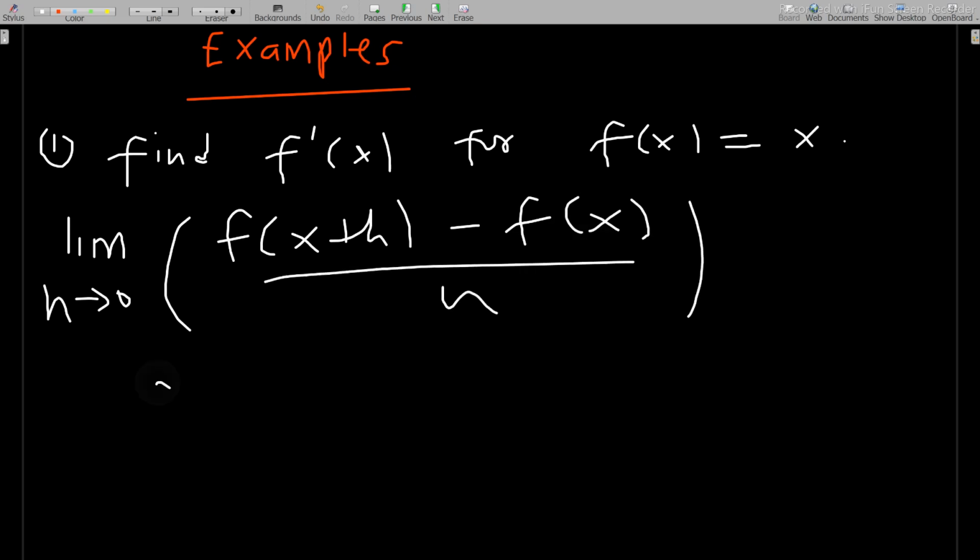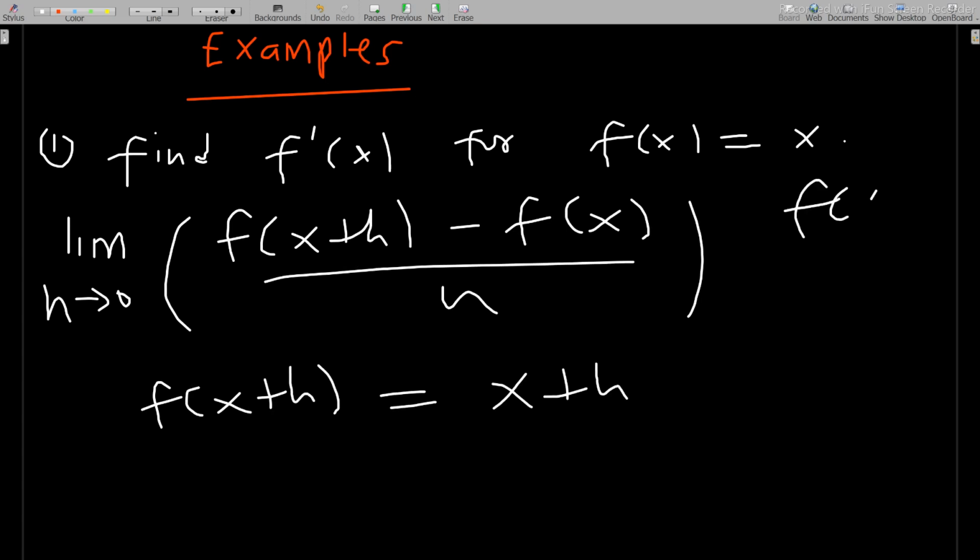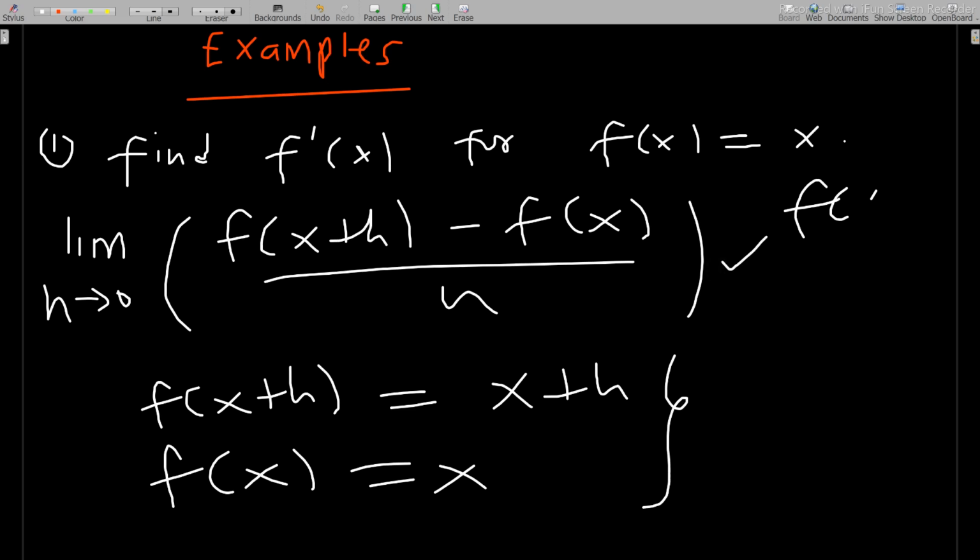With this function, f of x plus h will be just x plus h, because f of x is equal to x, so wherever I see x, I put x plus h. These two have been given, and then what I have to do is just put them inside this limit function.